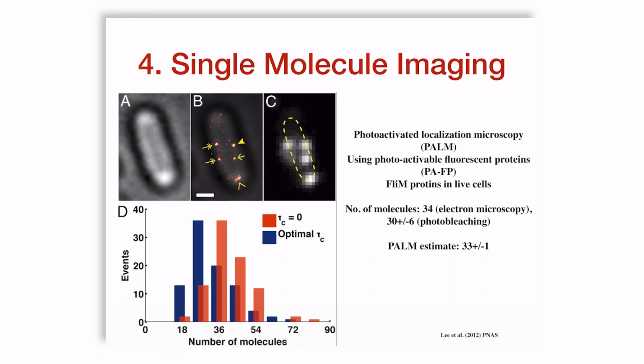What you're looking at in the image here is a single bacterial cell with the photoactivated fluorescent proteins showing the number of molecules that could be identified, with the number of molecules being counted based on the PALM estimate compared to electron microscopy.